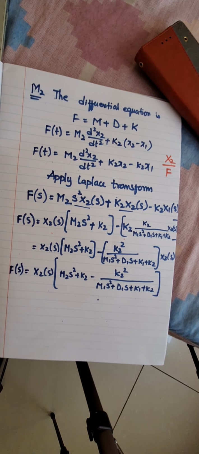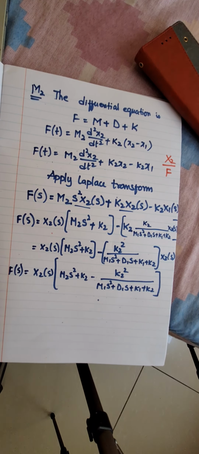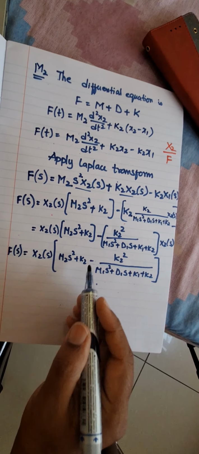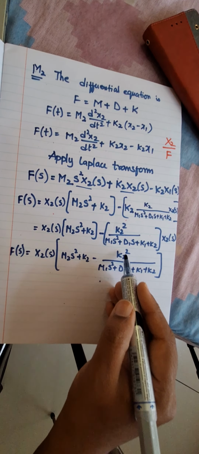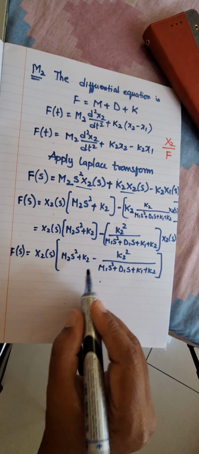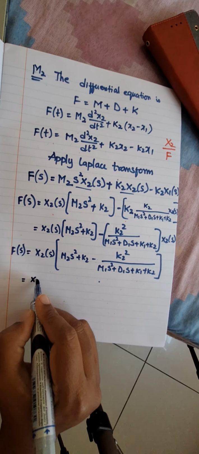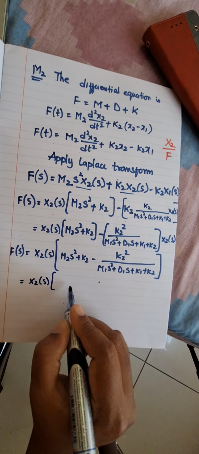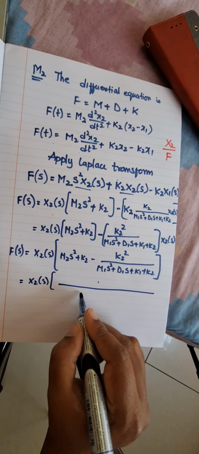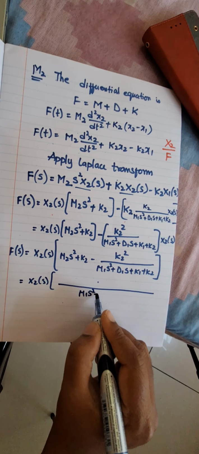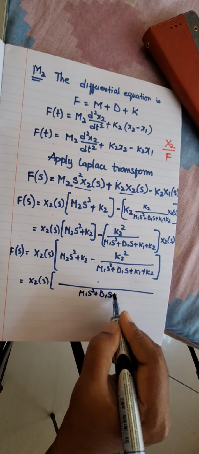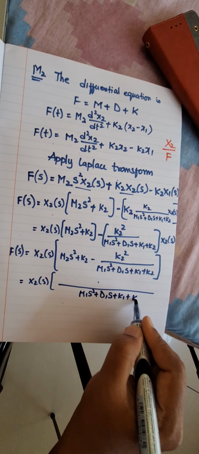If you remember, when I was talking about poles and zeros, I said the equation should always be numerator by denominator. So this is like a minus b by c. So let me take an LCM for this. This is equal to X2 of s into, if I take LCM, m1 s square plus d1s plus k1 plus k2.